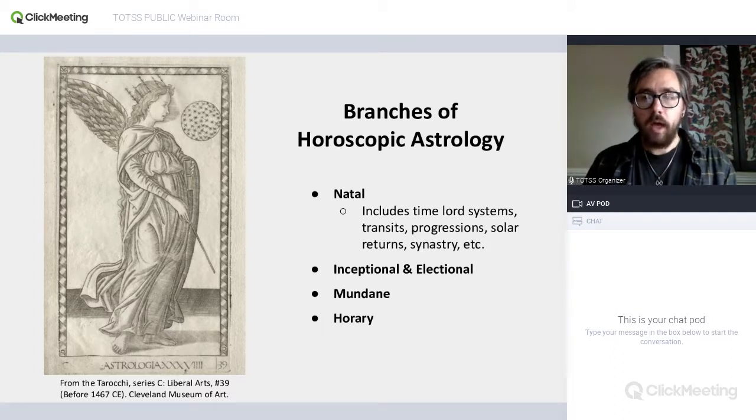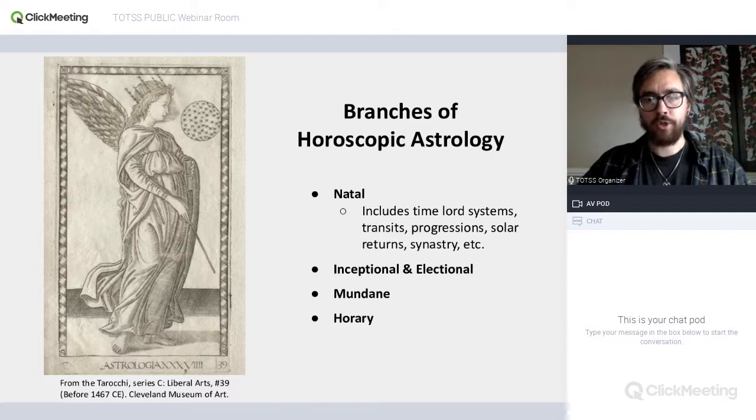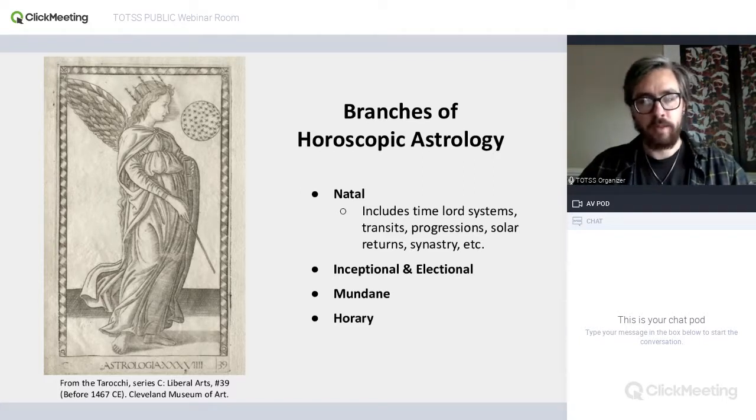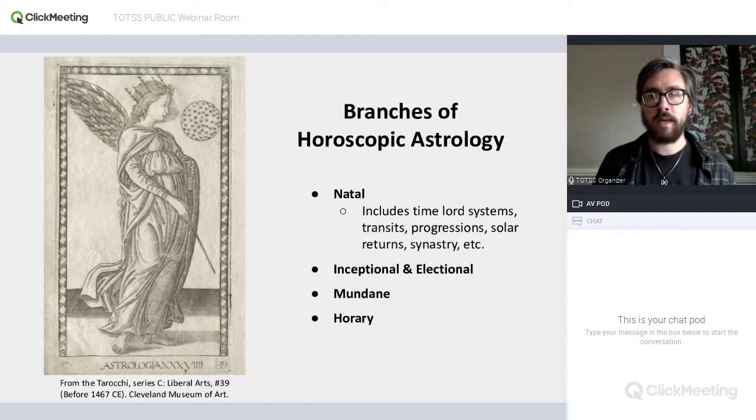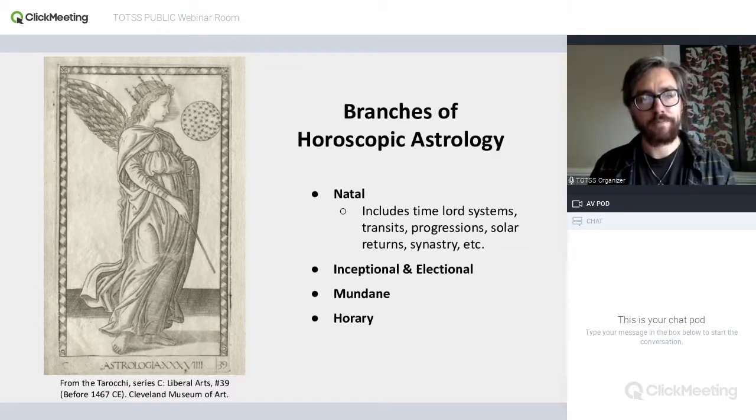All right, in the tradition of horoscopic astrology, in general, we can say that there are four main branches. Some of the boundaries between these different things are a little bit fuzzy at times, and in different times and places, people understand this a little bit differently. But broadly speaking, we can talk about four main branches of horoscopic astrology.